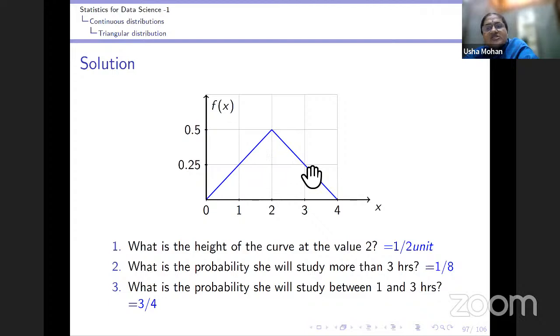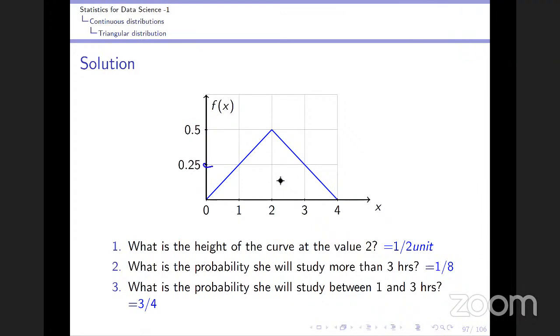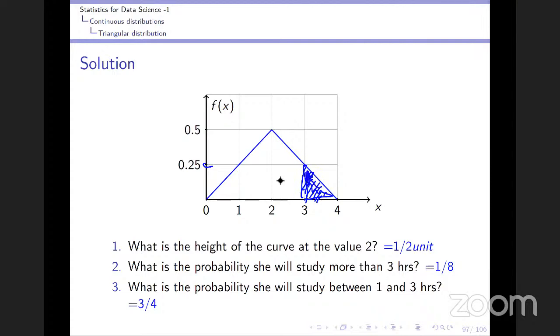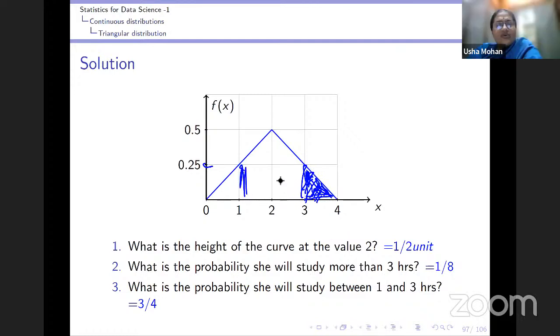You know this base also, right? If this is half, what would this be? This is 0.25. Now what is this area? 0.125, which is 1/8, right? Yes, ma'am. What is this area now?